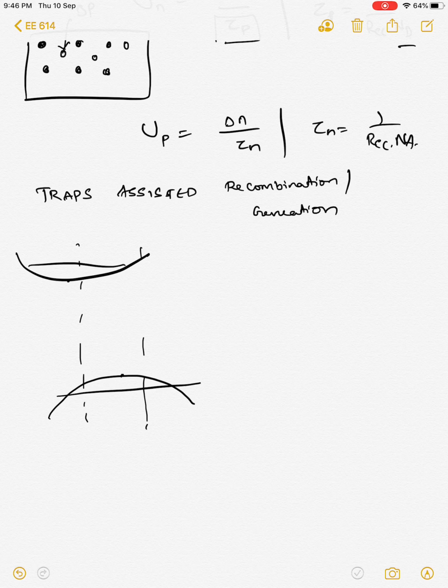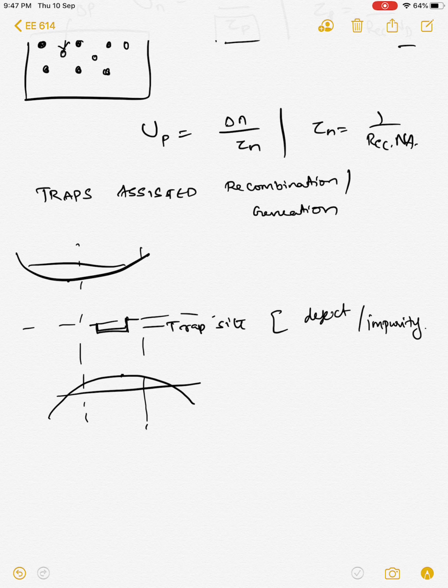In these situations, you have a presence of what are called traps. So this is called a trap site, which is typically formed if you have a defect, or an additional donor or an impurity.